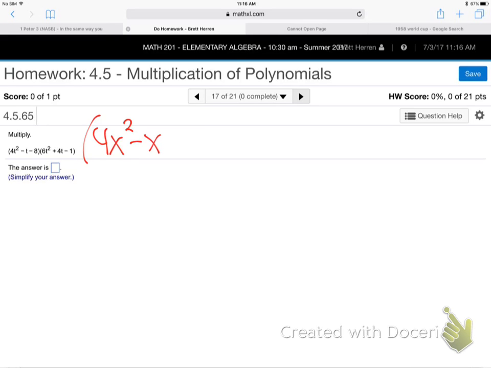So minus 4x squared minus x minus 8, the first parenthesis. Second parenthesis, 6x squared plus 4x minus 1. Shall we try that?